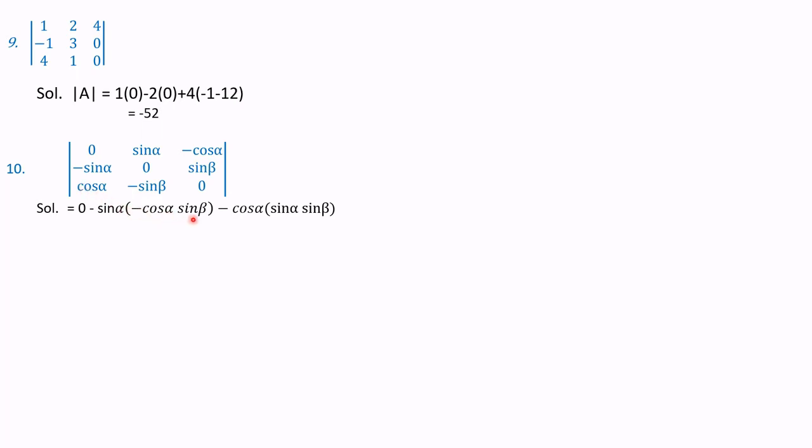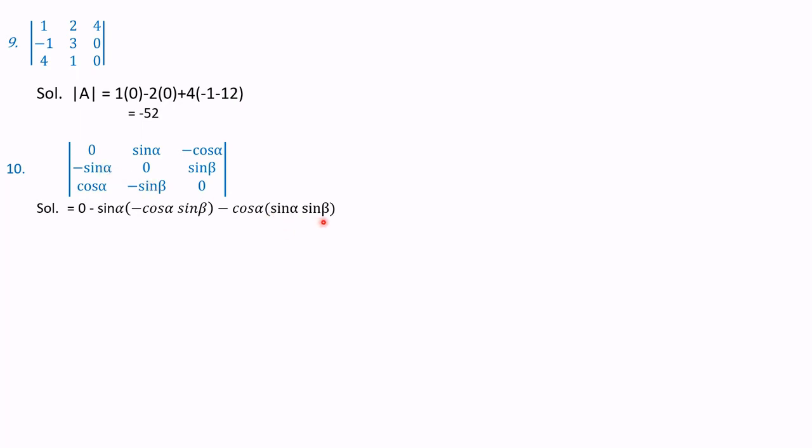And the next item, in the expansion by first row, third item is minus cos alpha. Therefore, minus cos alpha is written outside. Open the bracket and delete the first row and third column. The remaining items are minus sin alpha into minus sin beta is plus sin alpha sin beta, written in the brackets here.